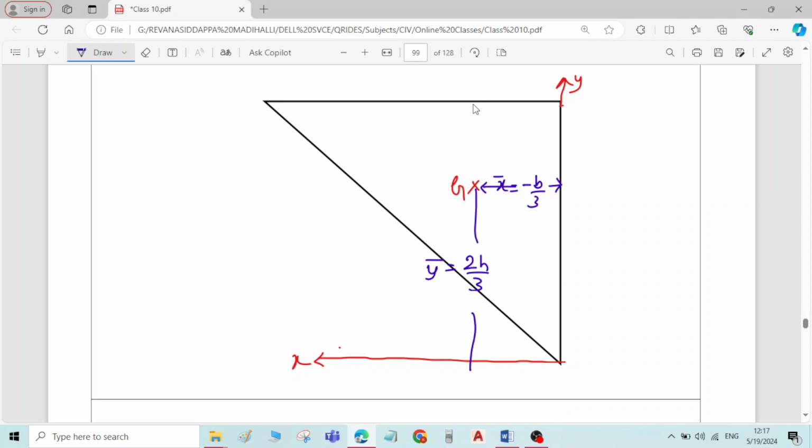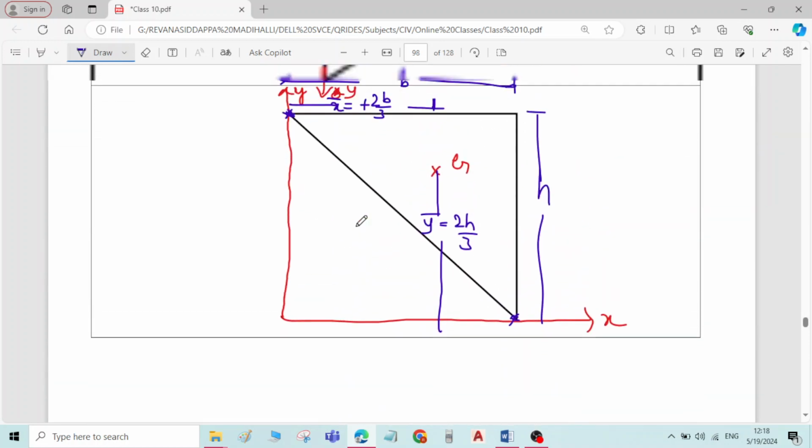Now we can see that with respect to x bar, it is the distance from the perpendicular point, or distance from the line. If the distance is from the line, it is 1/3 of the respective distance. If the distance considered is from the point, see, from the point the distance is started, it is 2/3. From the line it is 1/3. Like this you remember. Okay.